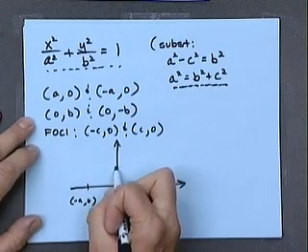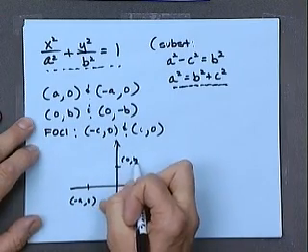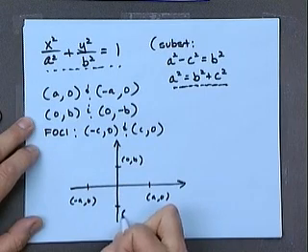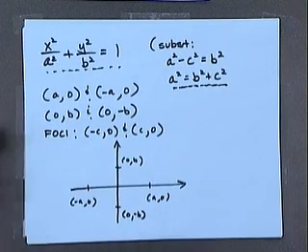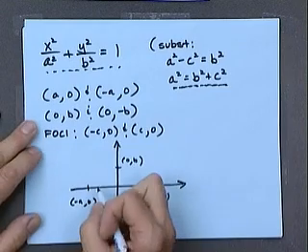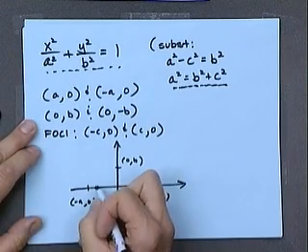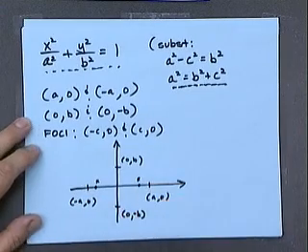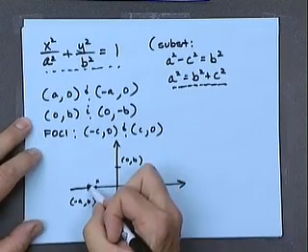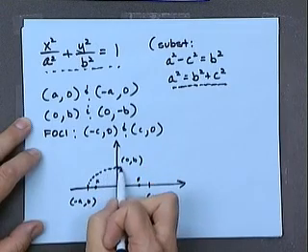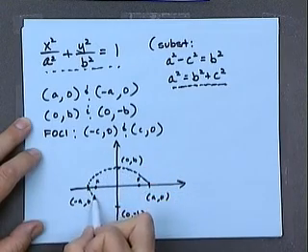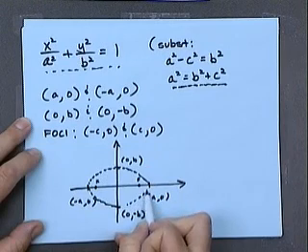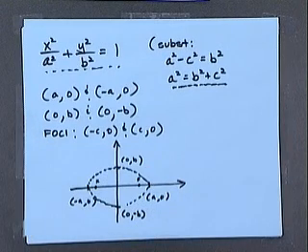The ends of the minor axis would be B units up on the y-axis and B units down on the y-axis. The foci would be somewhere in here. And the ellipse would be roughly in this position.